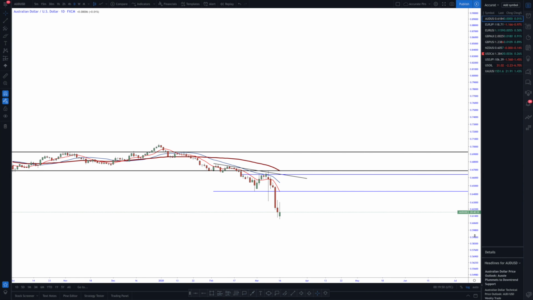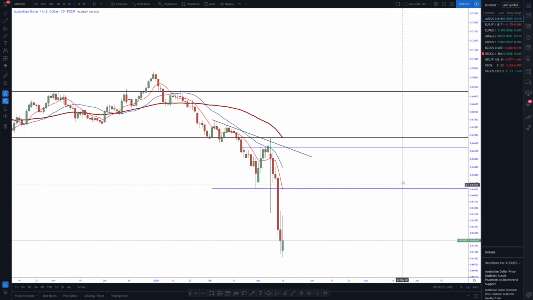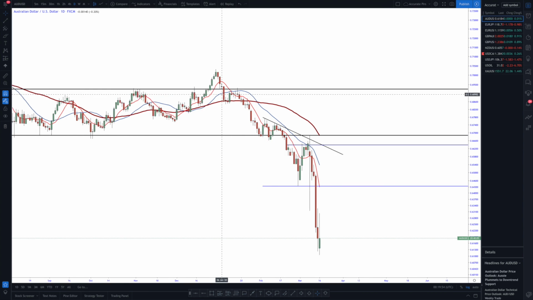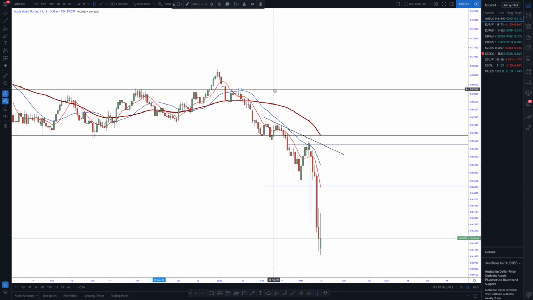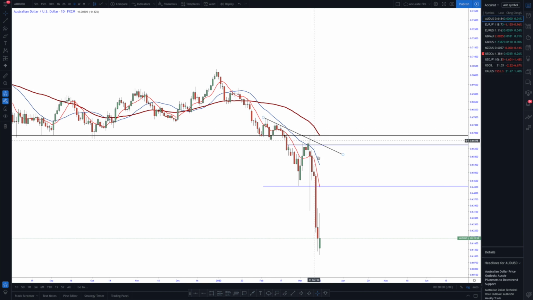So let's scroll down to the daily time frame. As you can see here, I'm going to get rid of this level right here, just above here. I'm going to get rid of this resistance. And this would be that form of support which turns to our new resistance level, which will be placed at that level right there.